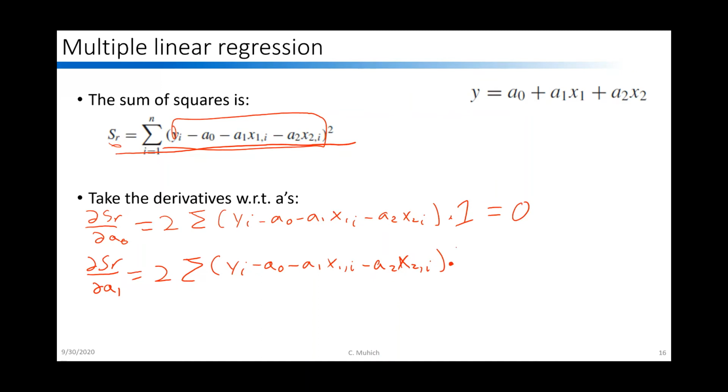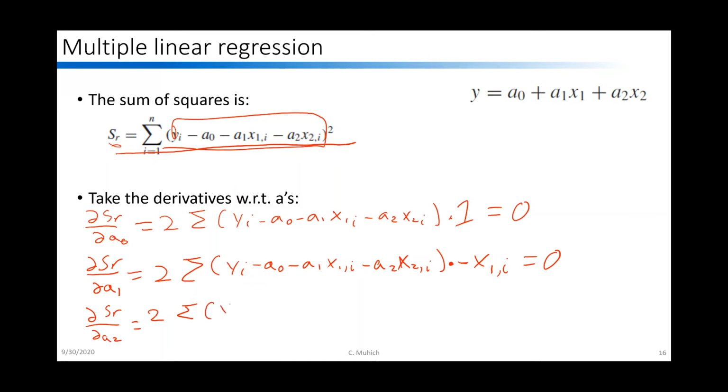Now we multiply that by the derivative of this inside with respect to a1. Well, that derivative with respect to a1 is negative x1i, and this all gets set to 0. Then we do this with respect to a2. It's going to be very similar.